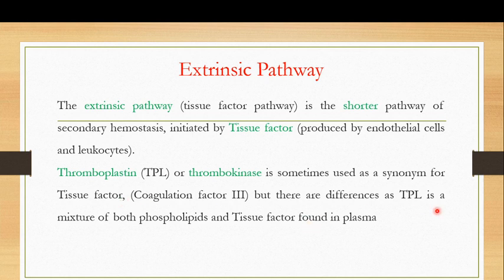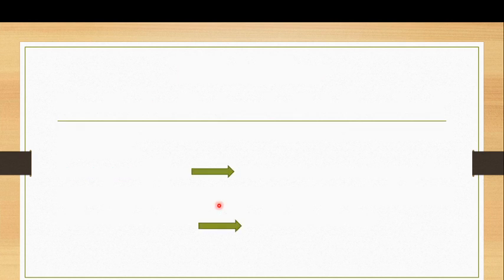There are differences between TPL and the tissue factor, because TPL is a mixture of phospholipids and tissue factor, which is found in the plasma. So TPL is a more complex structure as compared to the tissue factor. Now this tissue factor is also known as clotting factor 3, or coagulation factor 3. So let's talk about the pathway, how it happens.